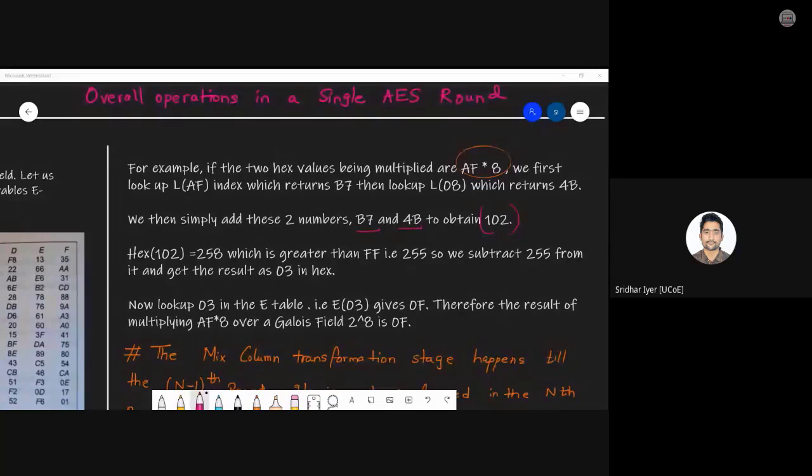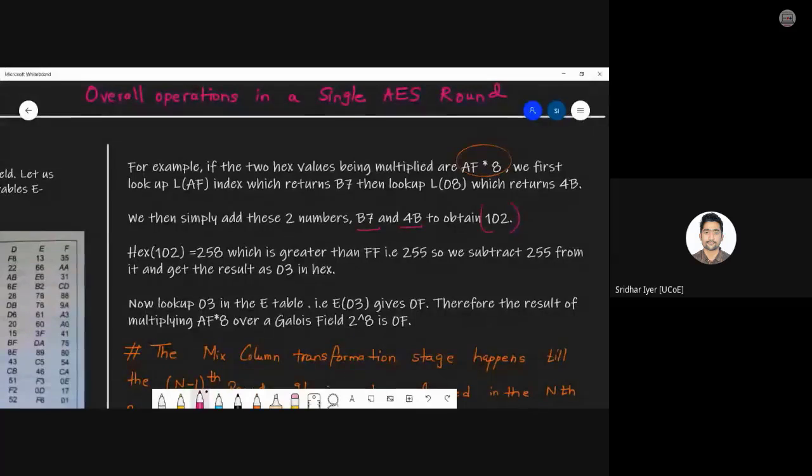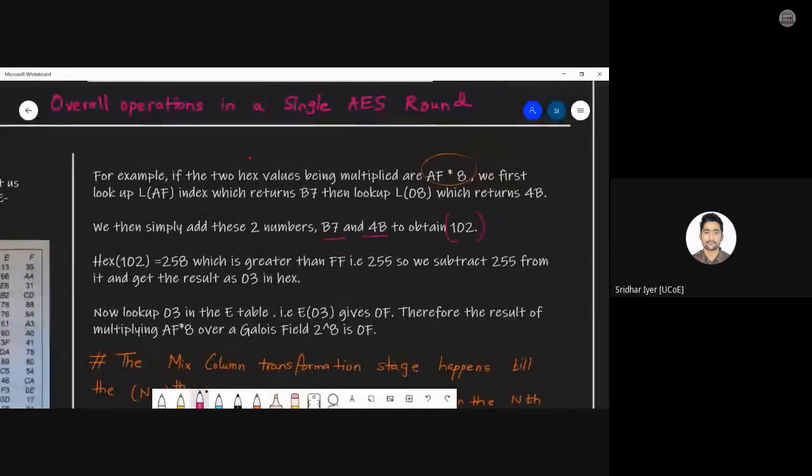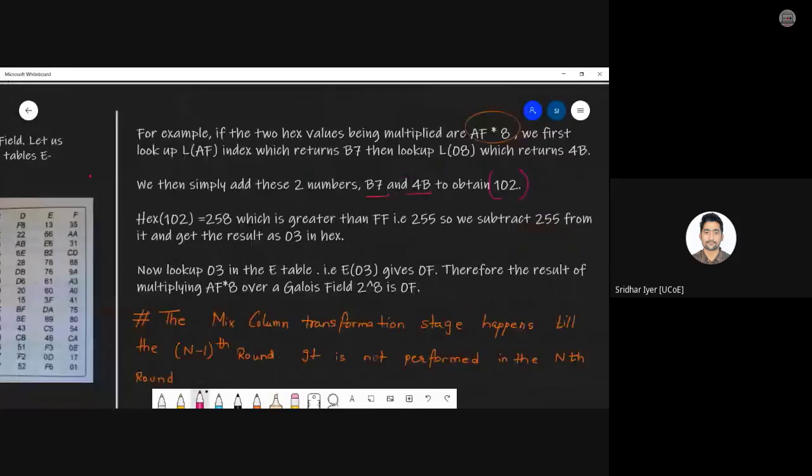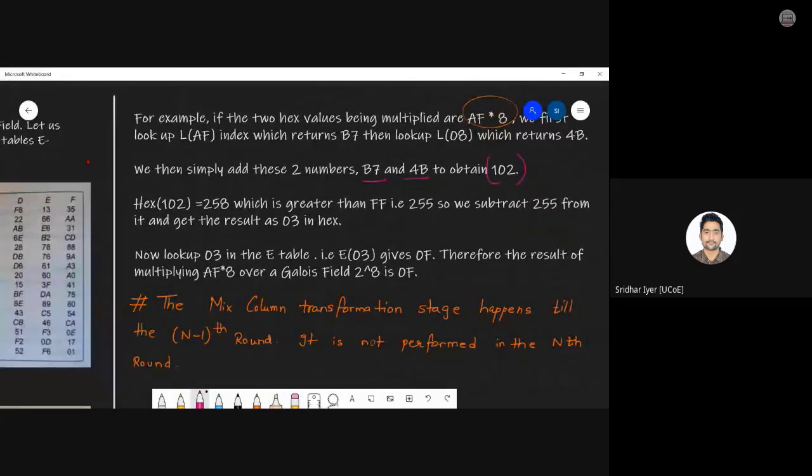It is 258. If you remember, what is the Galois field maximum value? What is the maximum value of Galois field 2 raised to 8? Can any one of you let me know? 255. Correct. As this value is more than 255, what we shall do? We shall subtract 255 from it, or we shall take mod of it.